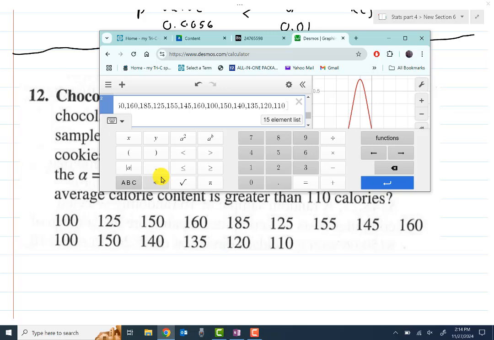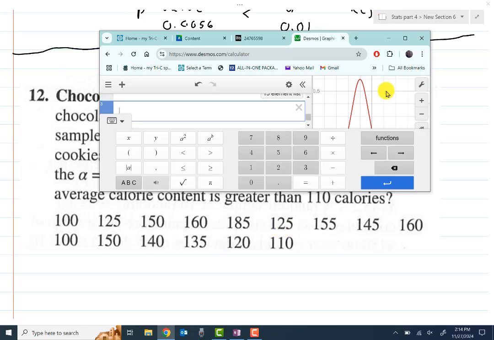When you're finished, finish off. I don't even think you have to finish the bracket, but it says there's 15 elements in my list. Let me just check that real quick. 2, 4, 6, 8, 10, 12, 15. So I got all of them.